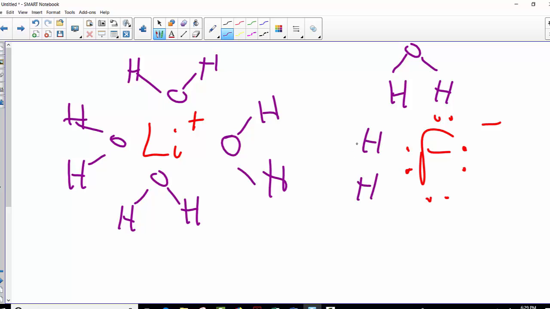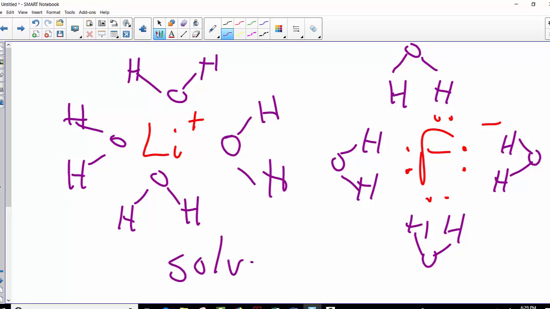So the H's are near the F. Because that's the partial positive end of the molecule. But what it does, this is called solvation. Solvation. And it stabilizes the ions. So that's why ionic things tend to dissolve. Because the very polar water can stabilize the charges.